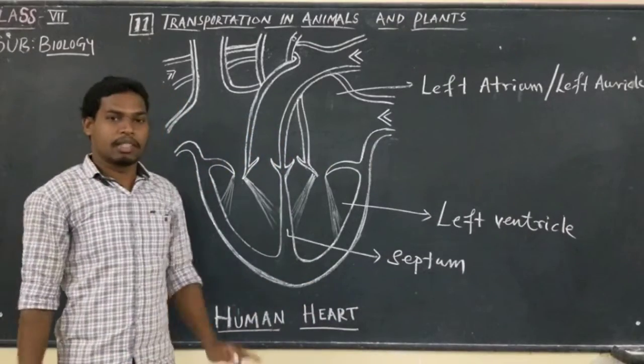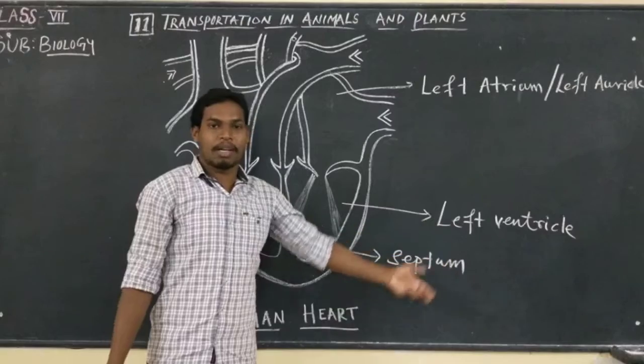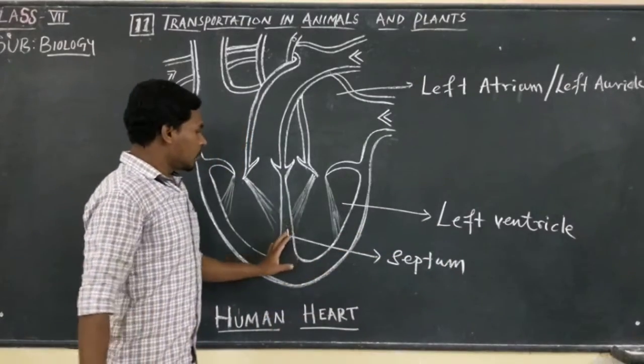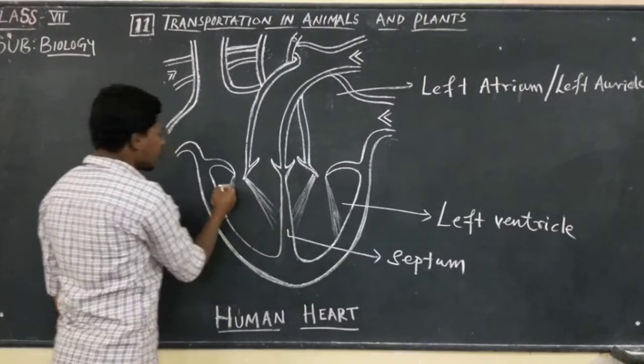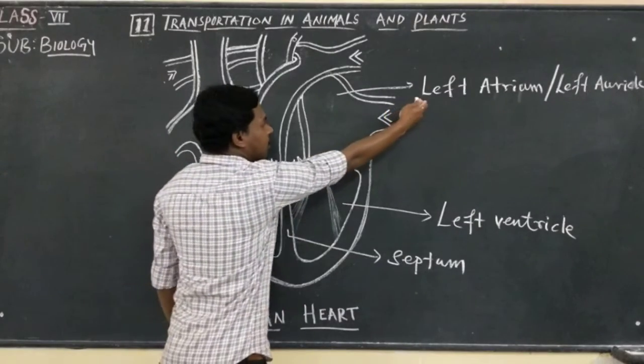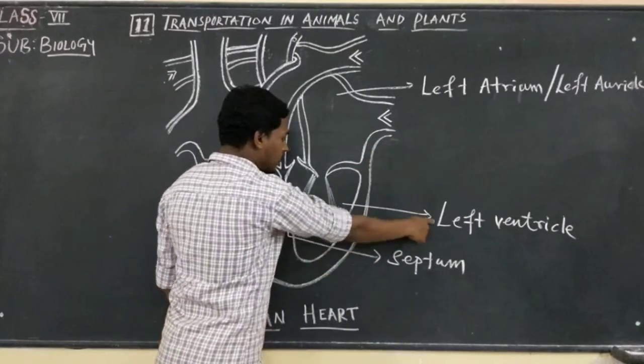So the septum divides the heart into 2 parts, left part and right part. Again, here we labeled the left atrium or left auricle and the left ventricle.